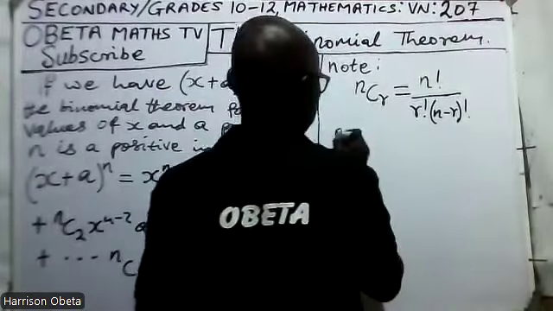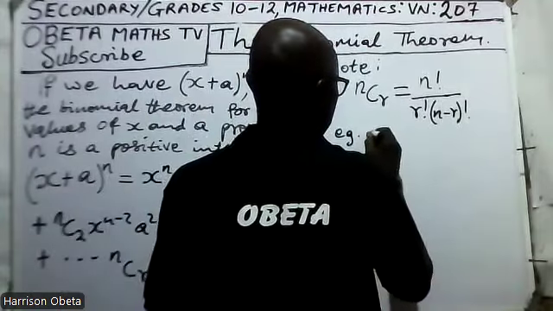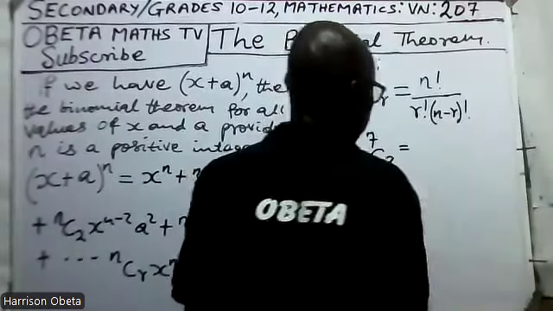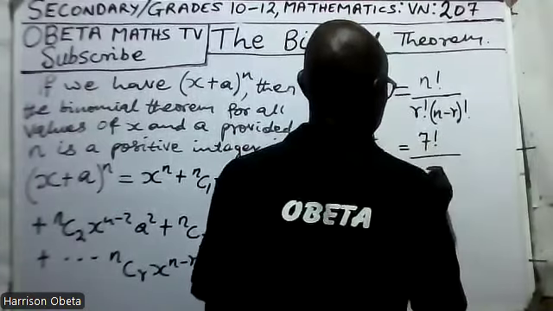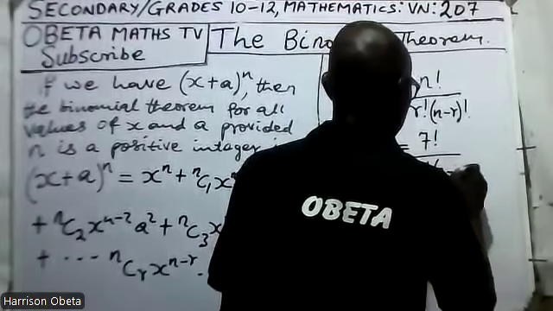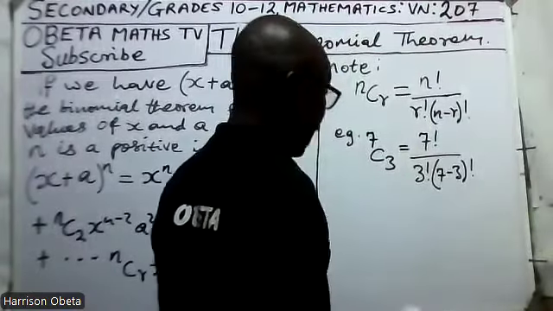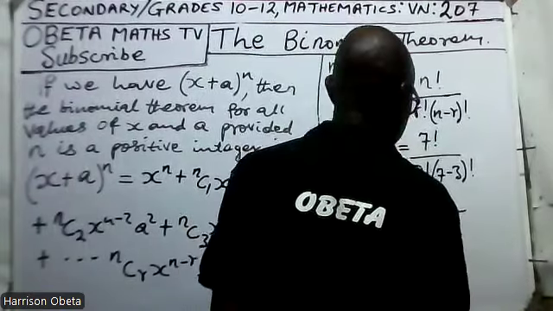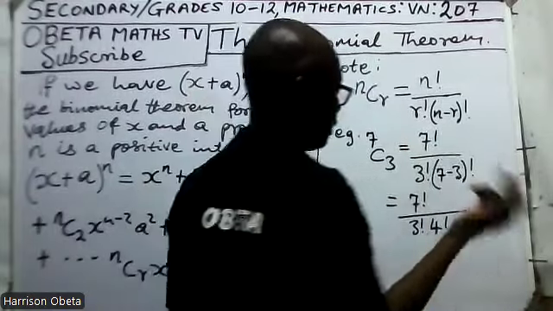Let me give an example. If I have 7 combination 3, for instance, this is the same thing as 7 factorial all over 3 factorial, brackets 7 minus 3 factorial. And that is the same thing as 7 factorial all over 3 factorial 4 factorial. Remember that 7 minus 3 is 4.